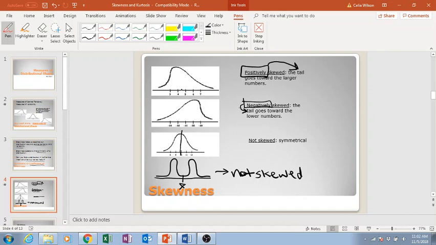The average or the mean is being pulled out here. And the same thing down here. We might expect our mean to be at negative 30 because that's where the bulk of our scores are. But really, these kind of outlier-ish scores, they're pulling our mean this direction. You see what I mean?